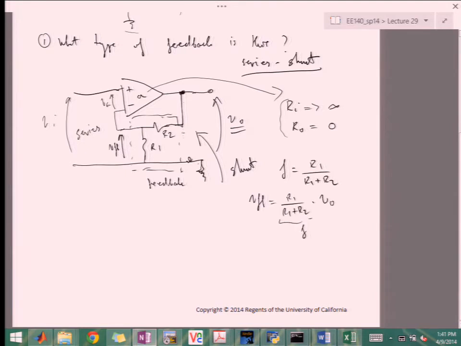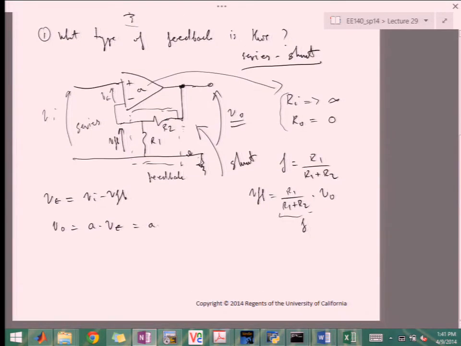So I can say that this is F. Then the standard stuff for the series shunt: the V error is VI minus V feedback, and then V out will be A times V error.